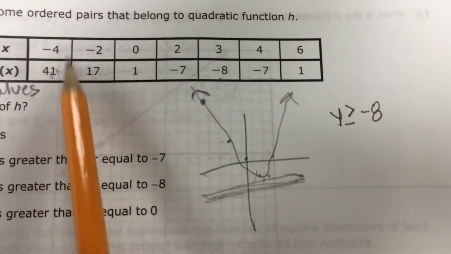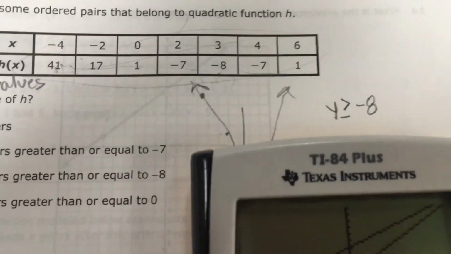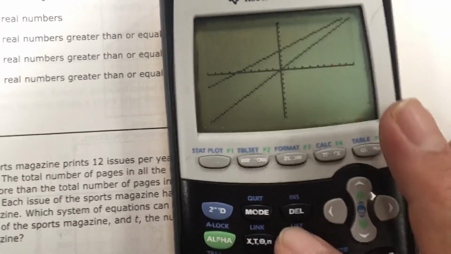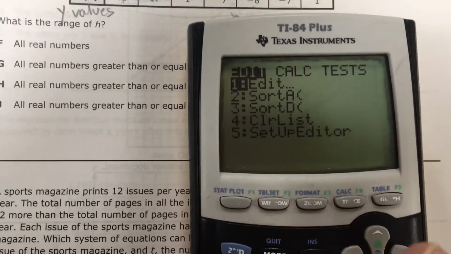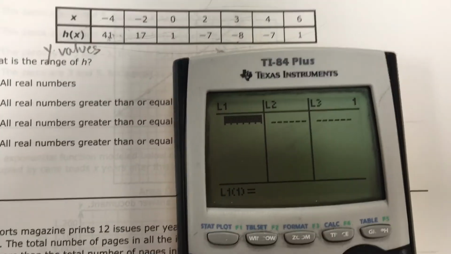Another way we could have done this is taken this table, put it in stat edit. So stat number 1 for edit. Type in all these points that are up here.